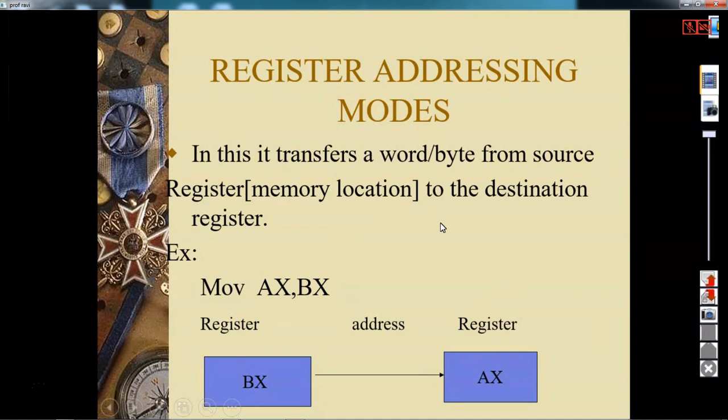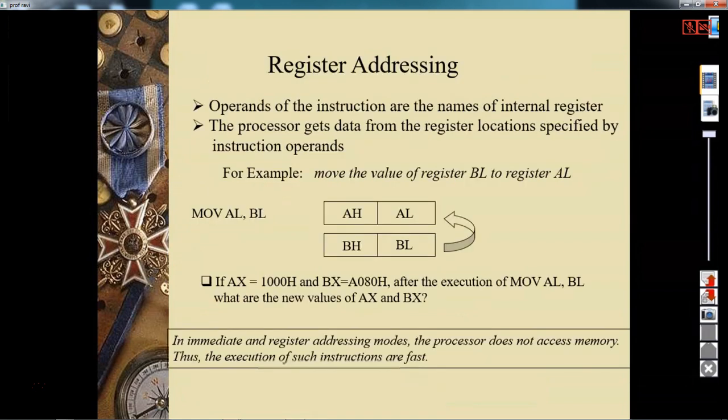In these addressing modes you copy your data into one of the registers and then work on it. That way of locating the data in a register is called register addressing mode. Source and destination are both registers. MOV AL, BL: the content of BL is moved into AL.